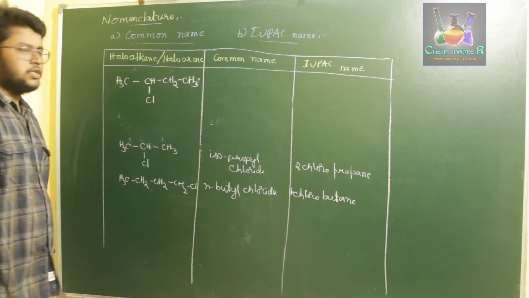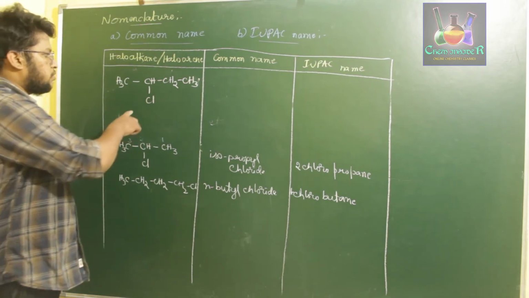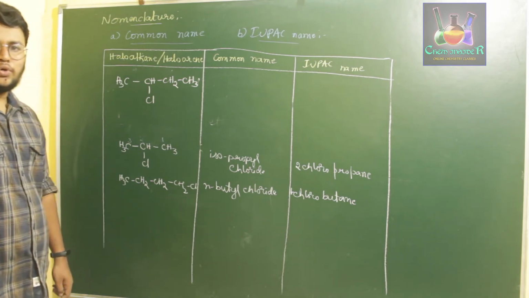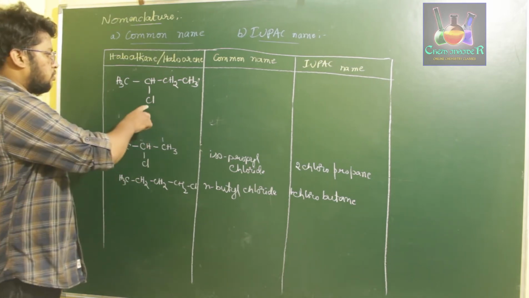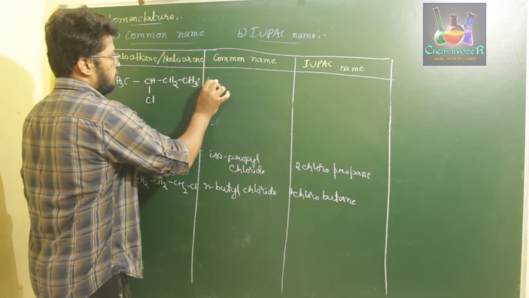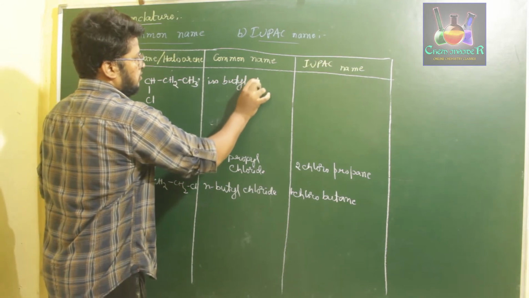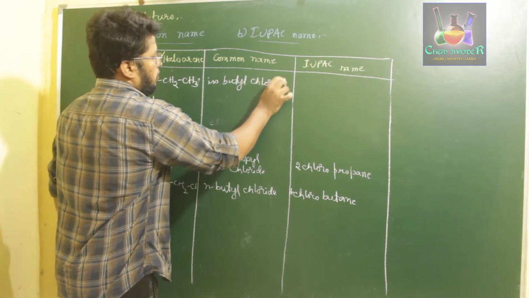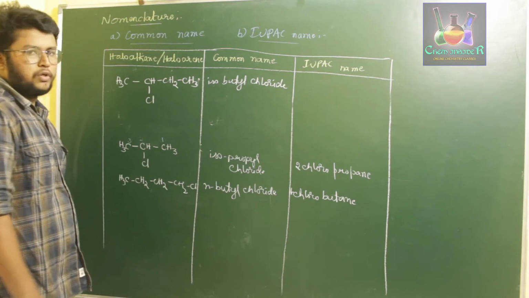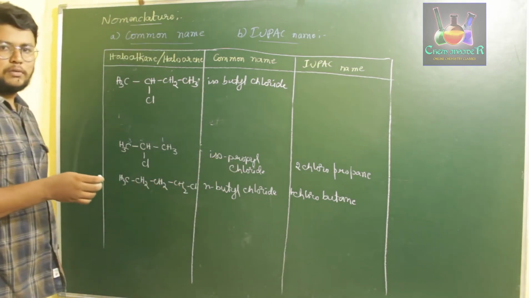Now in this position our chlorine is at the non-terminal end. So we call this compound isobutyl chloride because chlorine is present in a non-terminal position. This is isobutyl chloride.